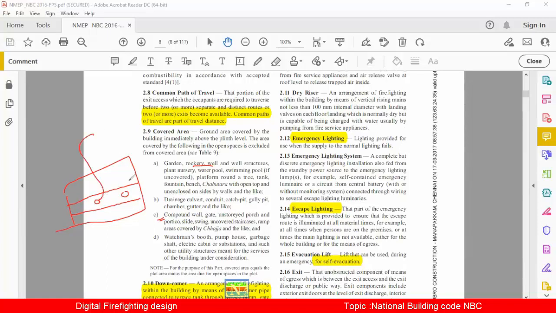So in the common area we need to have emergency lighting because this is the path of escape, and here you have a staircase, for example. This is one floor, just I have shown you. Clear? So these are emergency lighting or escape lighting.